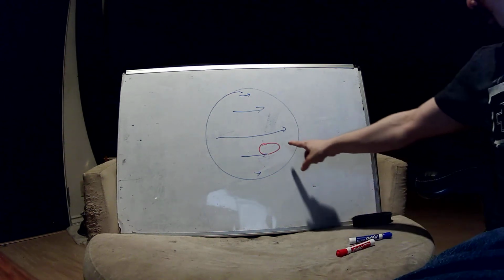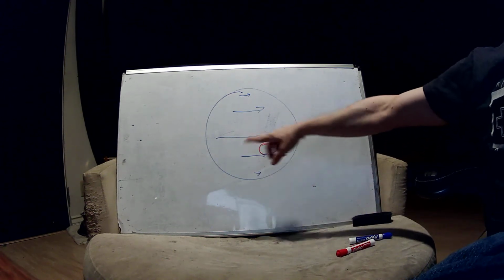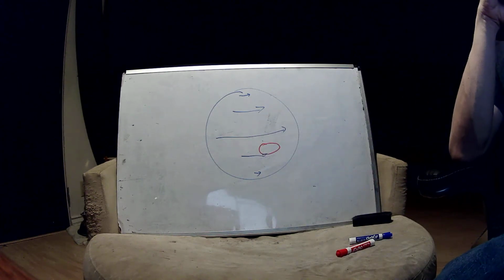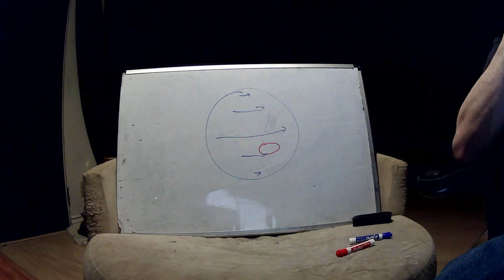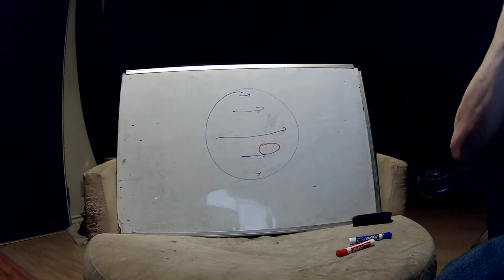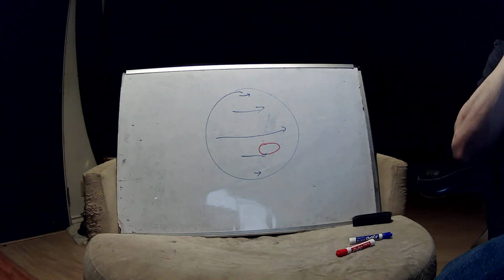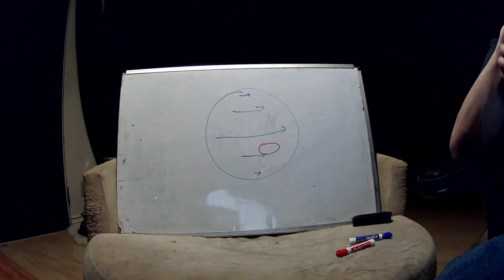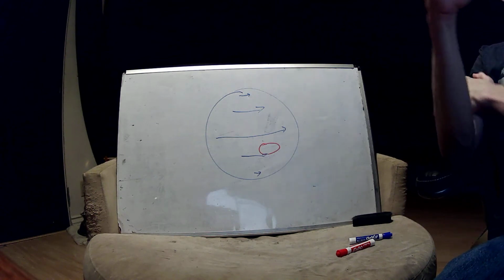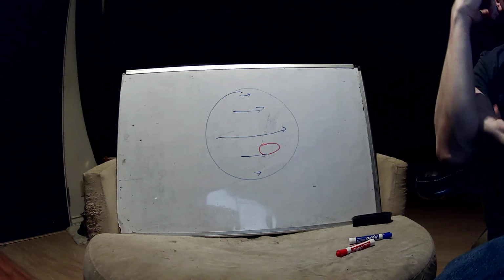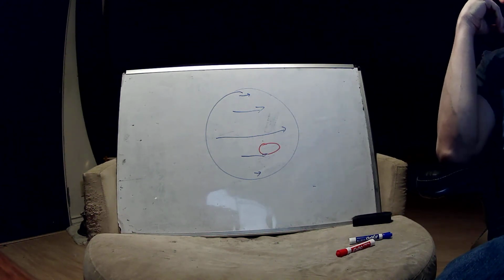The Great Red Spot, this really, really big surface feature, has probably been there since Galileo looked at Jupiter some 300 years ago or whatever. It's been there for at least that long, probably much, much longer.